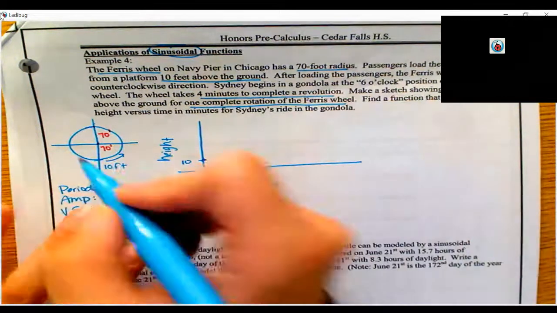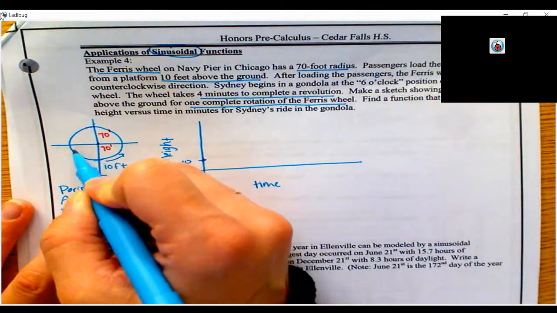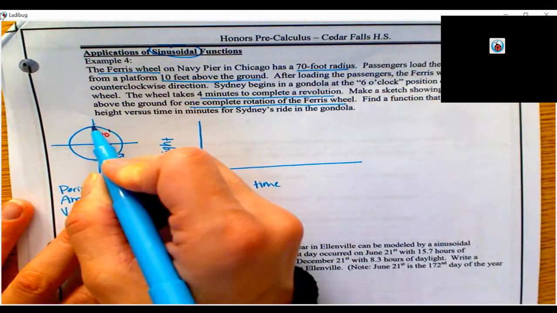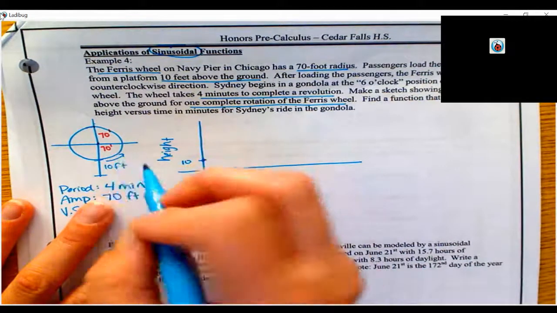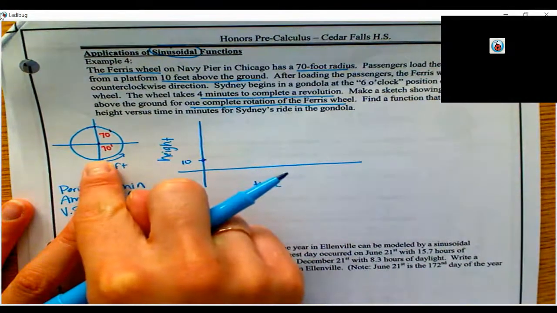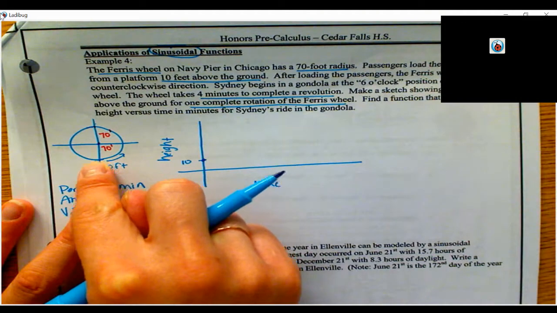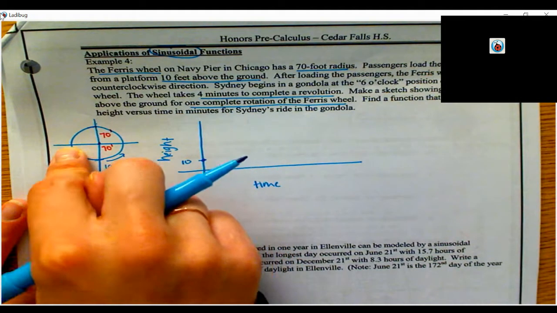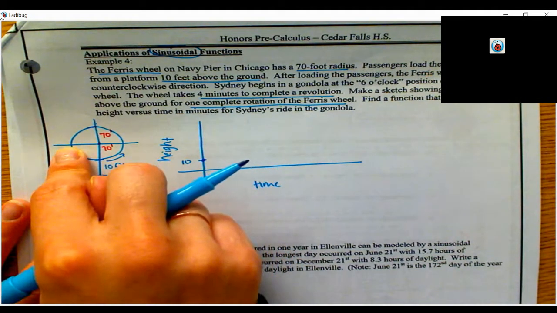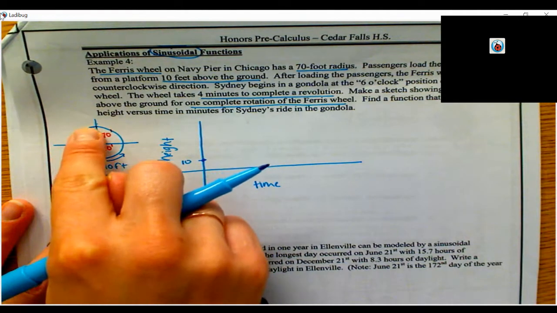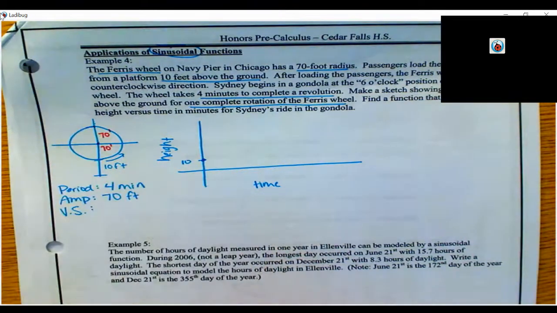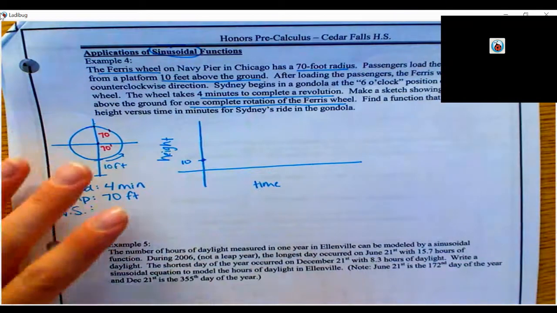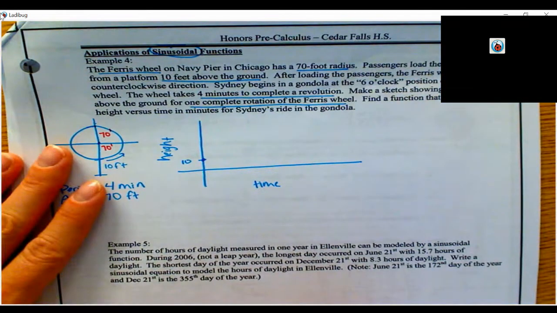And then you are going around the circle. You're going up here. That's as high as you get, and then you come back down. So if you were already 10 feet off the ground, you add 70 feet, that puts you at 80 feet, right? Plus another 70 puts you at what? 80 plus 70 is 150. Okay, so your maximum height is 150.